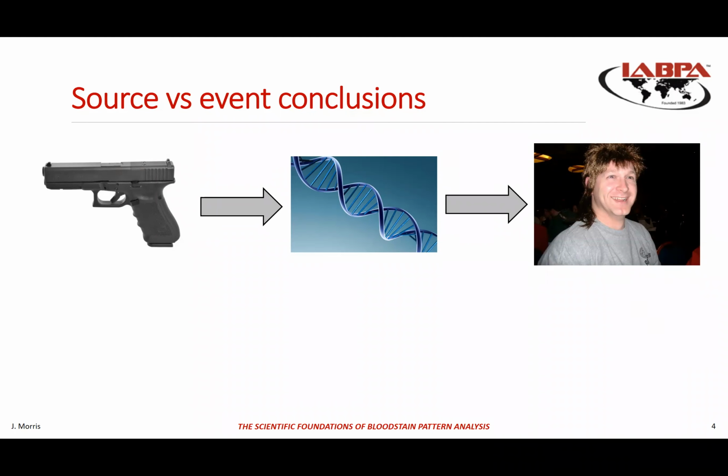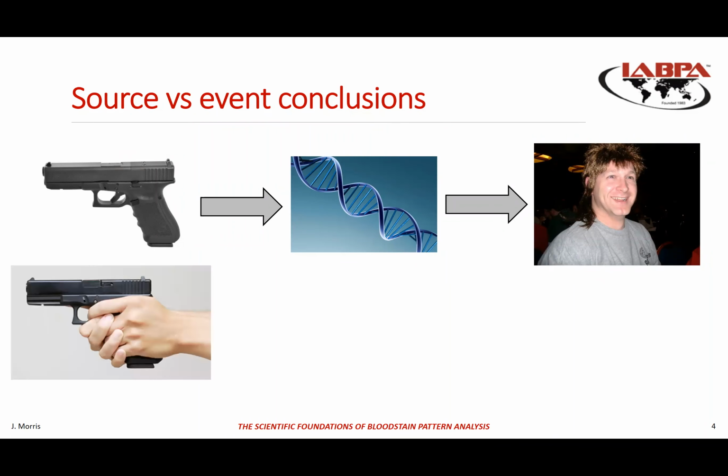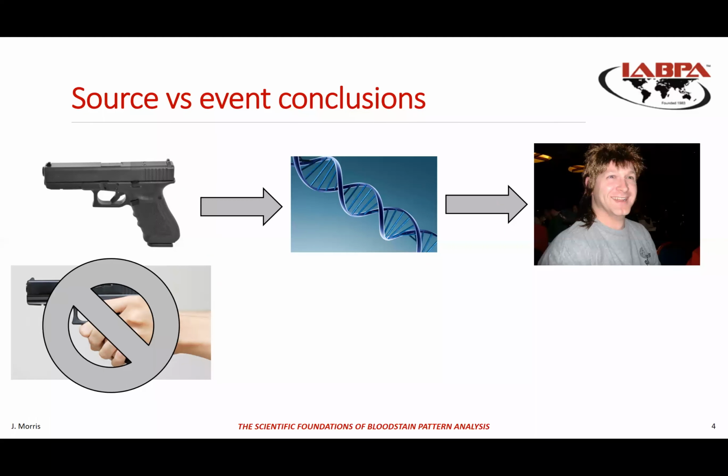So if we consider this scenario a little further, suppose the most natural explanation for how this person's DNA got on the trigger of the handgun is that that person pulled the trigger. Well, if I am the attorney for this client, I'm going to say, no, that's not how the DNA got onto the trigger. There are other ways.